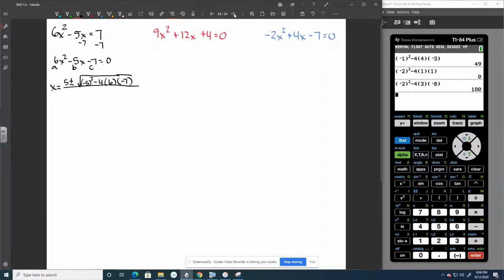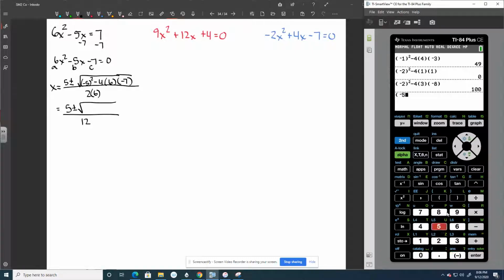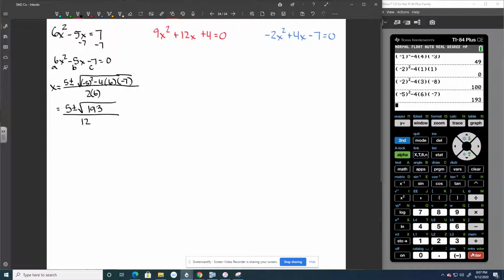All of that is over 2 times A, which is 6. So when I simplify that, I get 5 plus or minus. On the bottom, I get 12 square root. I'm not even going to try to do that one in my head right now. I'm going to do -5 squared minus 4, parenthesis 6, parenthesis, -7, parenthesis. And that becomes the square root of 193.